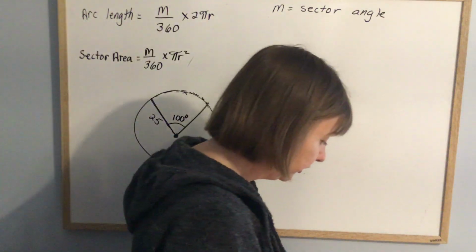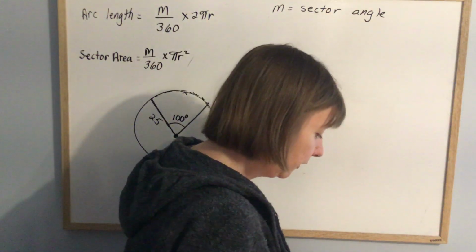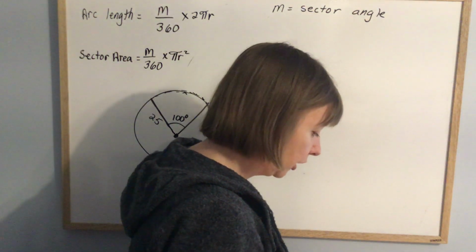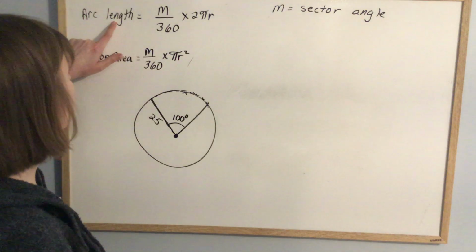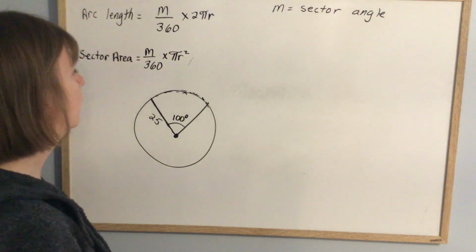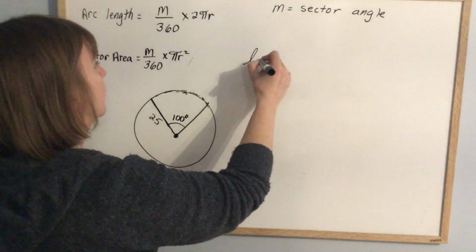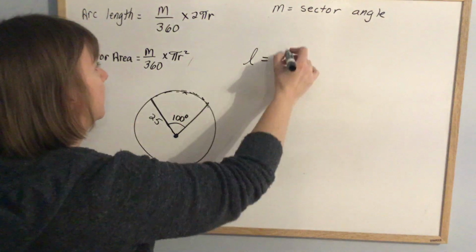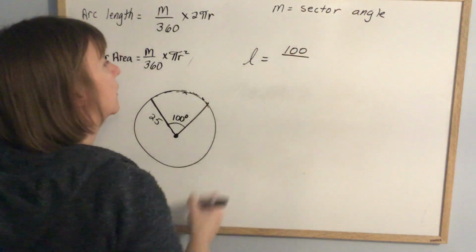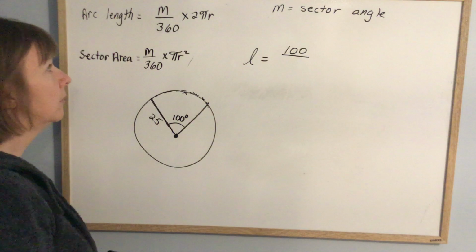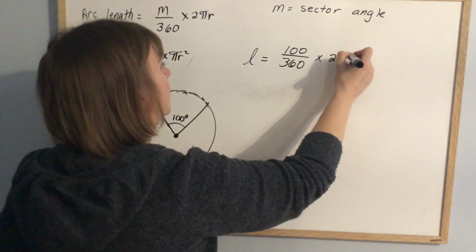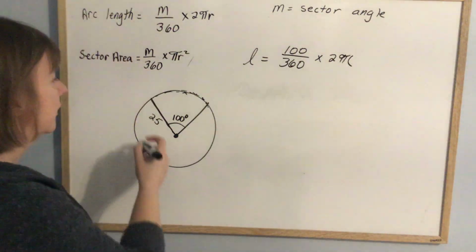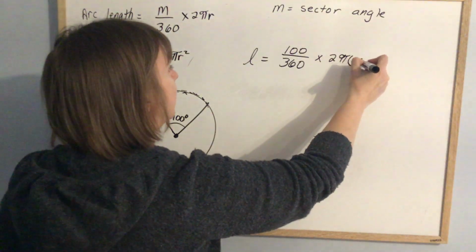Their question is, what is the length of the arc of the watered sector? So we are looking for the arc length. Arc length is m, the sector angle, over 360 times 2 times pi times r, which is 25.